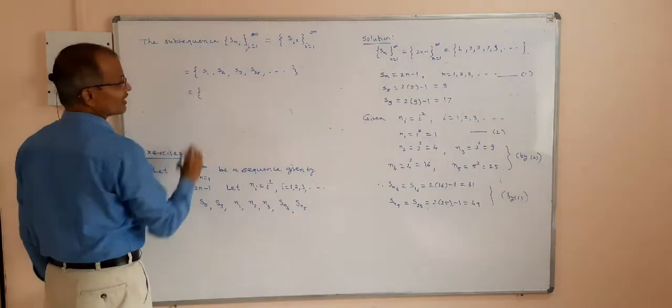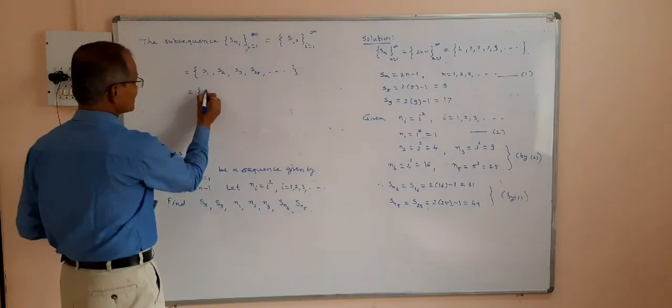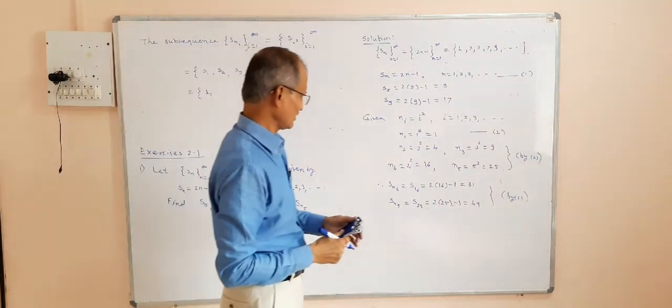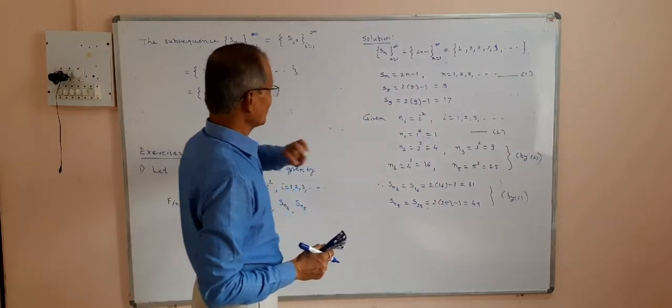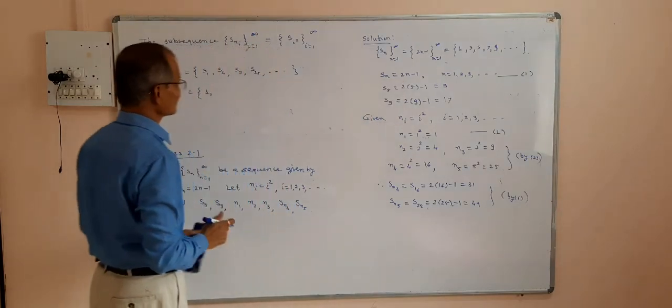What is S1? S1, now you see from this, it is 1. What is S4? We have calculated S4 here, or where we have not obtained, S4 can be replaced: 2 into 4 minus 1, that is 7.